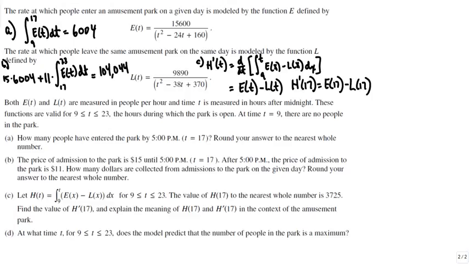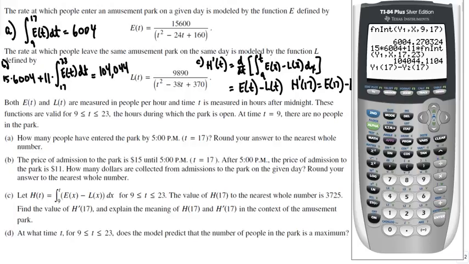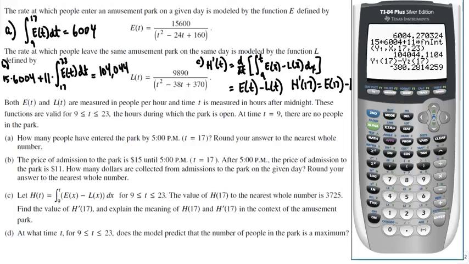And so h prime of 17 is really just E of 17 minus L of 17. That's how many people have entered the park by 5 o'clock, subtracting out the number of people who have left the park. So on the calculator, that's going to be y1 of 17 minus y2 of 17, and the result is negative 380.